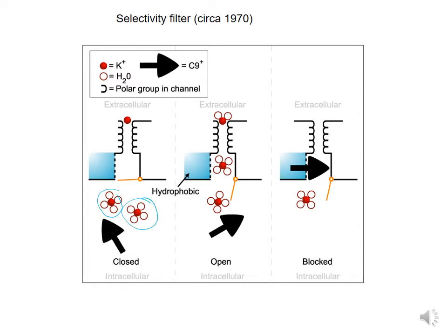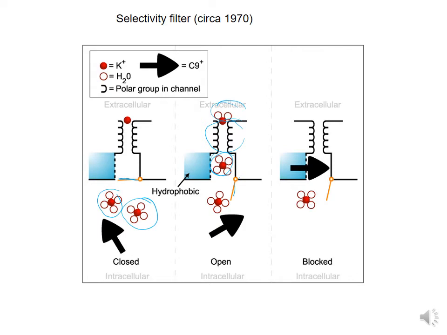What's shown here is the gate of this channel being closed on the left, and when this gate opens, potassium ions, still surrounded by water molecules, can enter through this very large vestibule and then finally enter the selectivity filter of this channel, and then the potassium exits on the other side where it regains some of these water molecules.